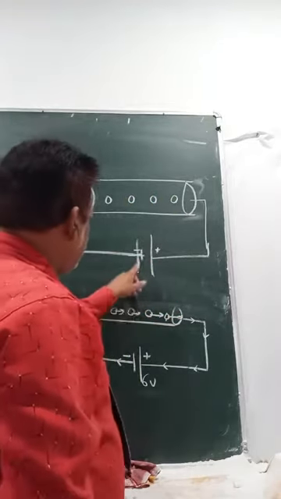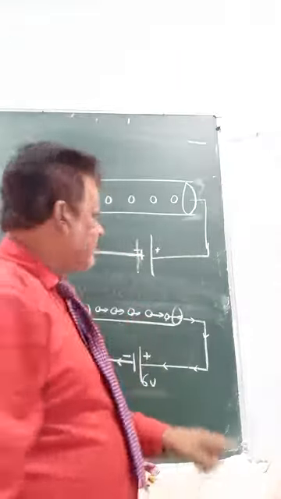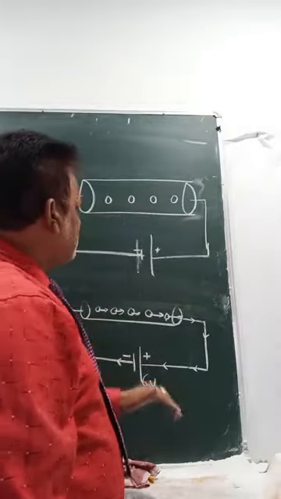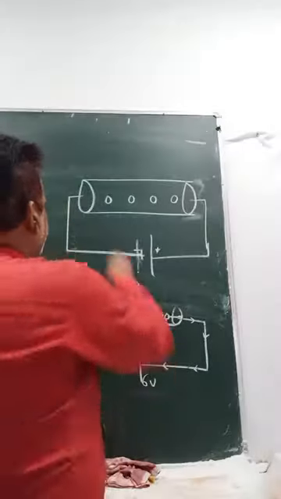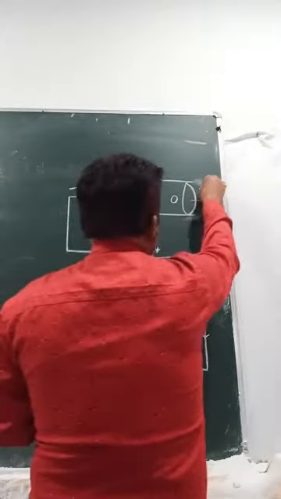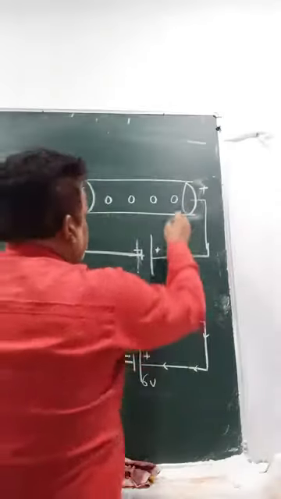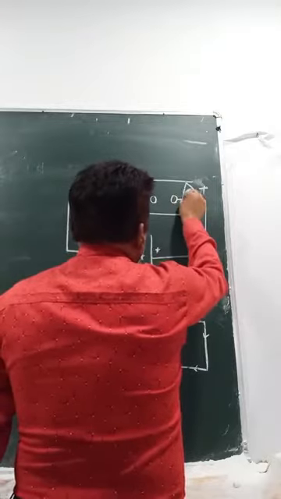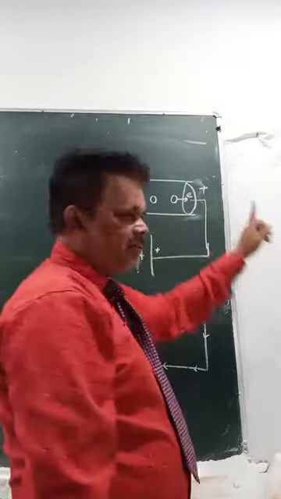So when potential is supplied to this, means the energy is given to these electrons, they start moving from negative to positive direction. This already I have told you. Suppose this is one atom, one electron moves out.